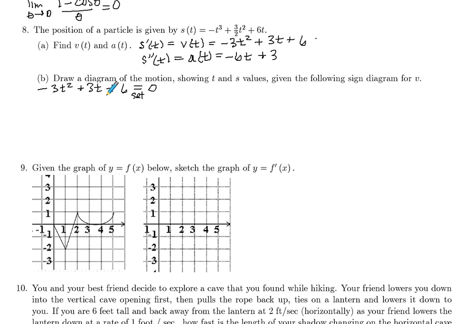I see a common factor of negative 3 that we can pull out here. So factor out a negative 3, positive t squared is left here, minus t, and 6 divided by negative 3 is negative 2.